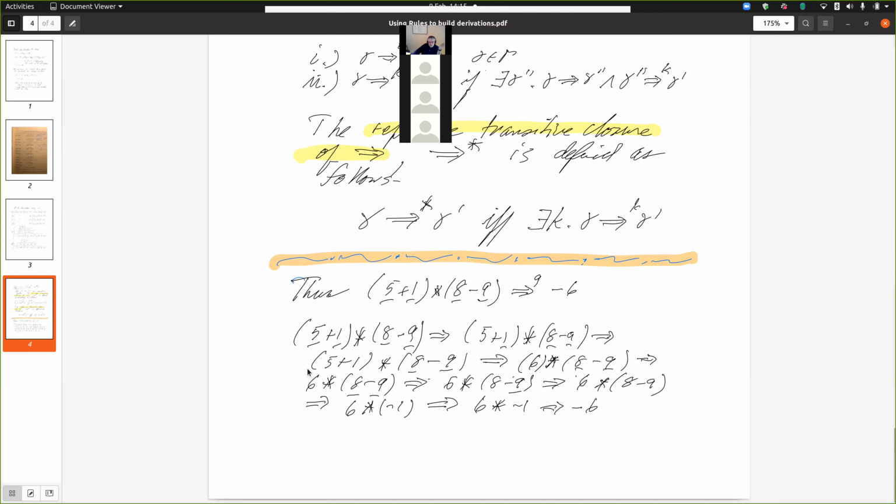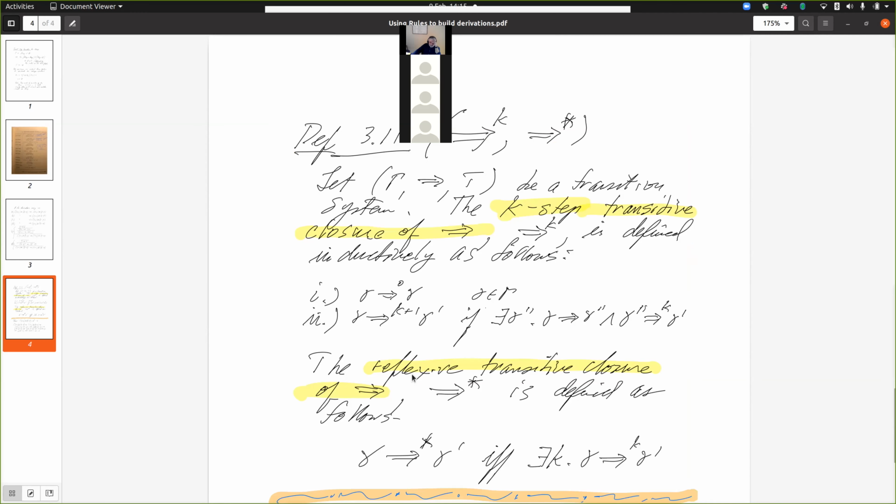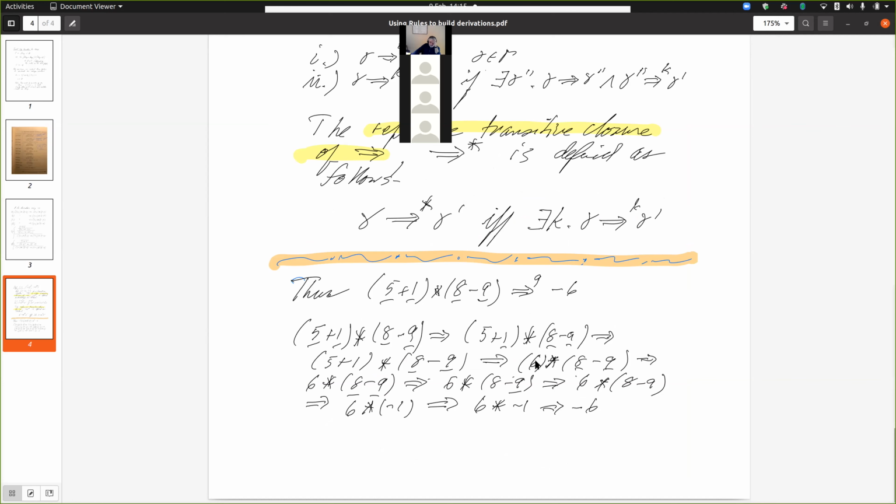And then there's a rule here that says that if I have a value plus a value, I can replace it by the v that I get by adding those two together. So down here, I have 5 plus 1. That's value plus value. So I can replace that by the actual value 6.